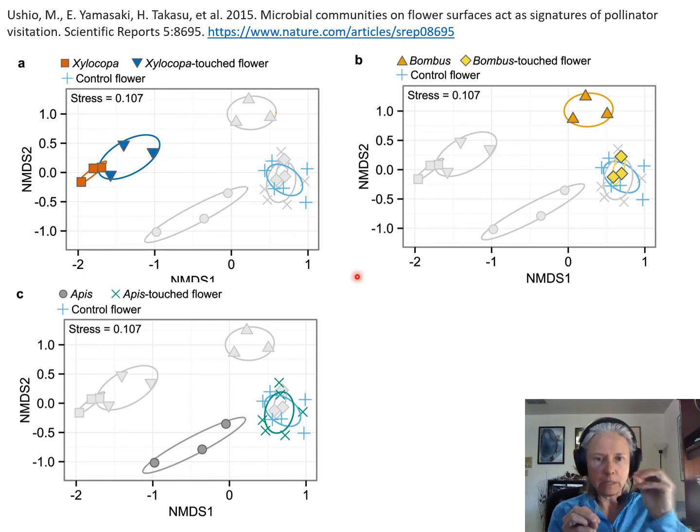It's just that each of the target species is highlighted in each one. And from this, you can see how each pollinator harbors a different microbial community. When those microbes are transferred to a flower, it can indicate which bee species are visiting that flower.